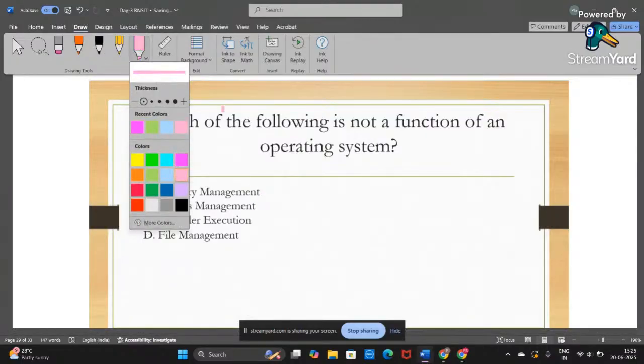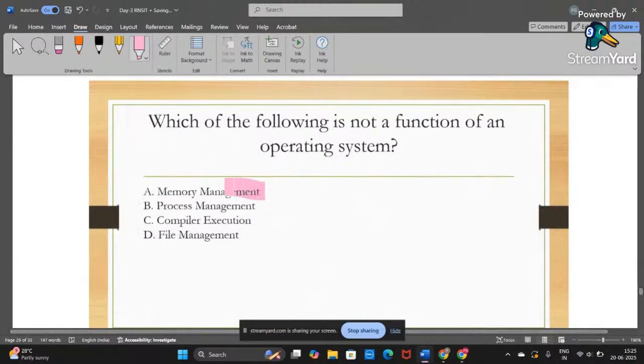Under operating system, we have seen memory management, process management, and file management.